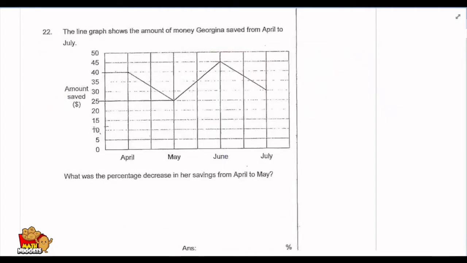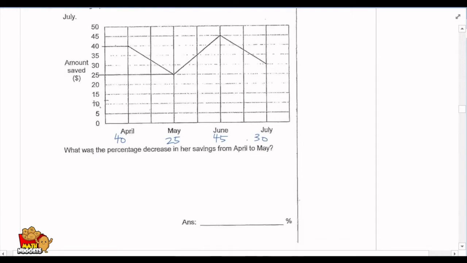Question 22, let's write down the figures in the graph. For April is 40, for May is 25, for June is 45, and for July is 30. So the question is asking what's the percentage decrease in her savings from April to May.